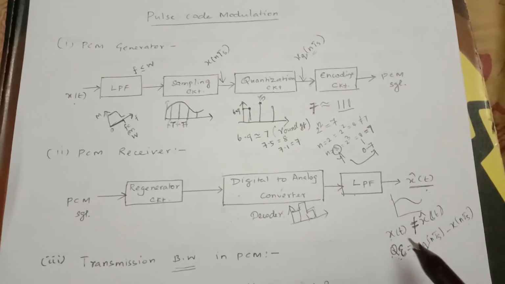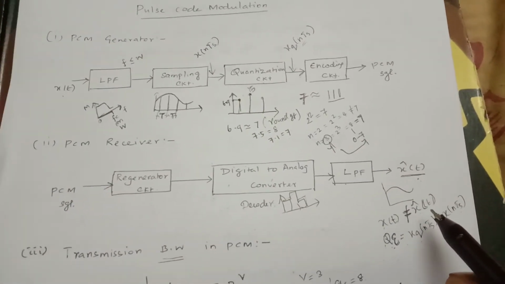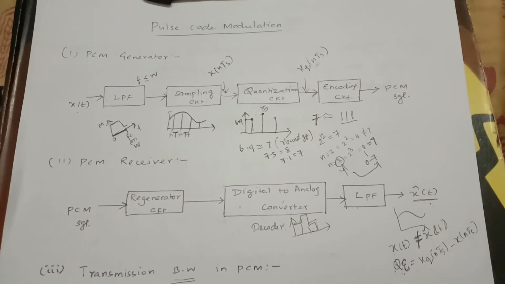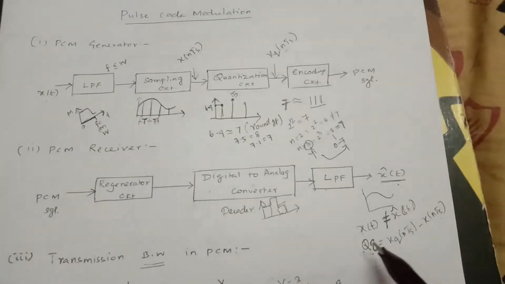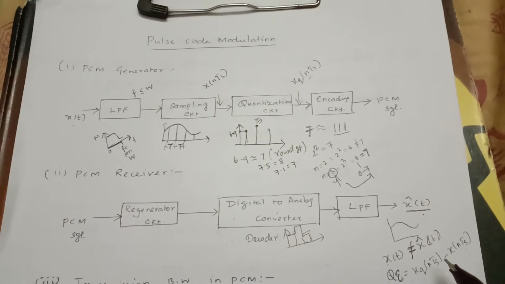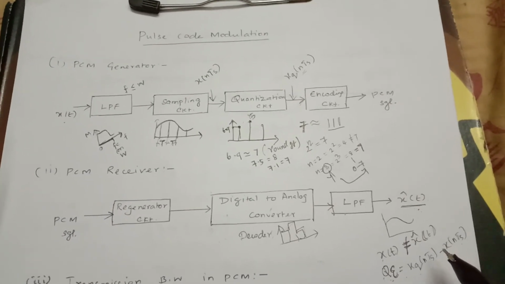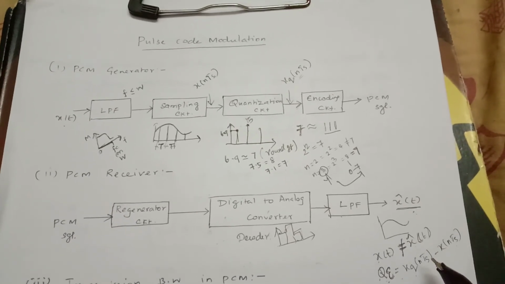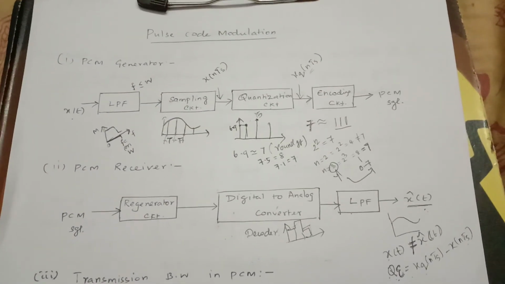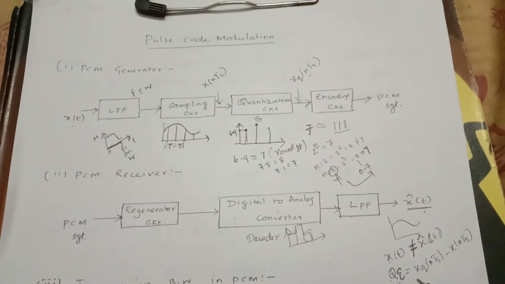But what happens practically is that x of t is not equal to x cap of t. It means there is a chance for noise. It is denoted as epsilon q is equal to xq of nTs minus x of nTs. That happens because of the quantization circuit, which is why it is called the quantization error.